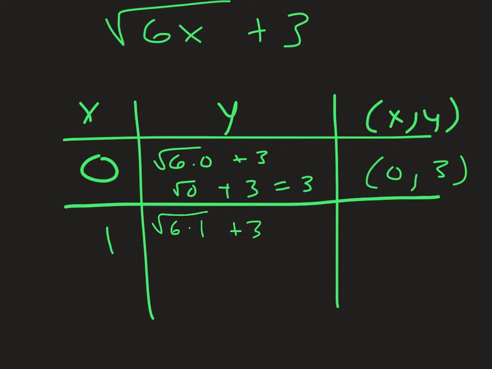About 2.44. So let's just say 2.4. So 2.4 plus 3 would be 5.4. So we have 1, 5.4. So we're going to go to the right 1 and go up 5.4.